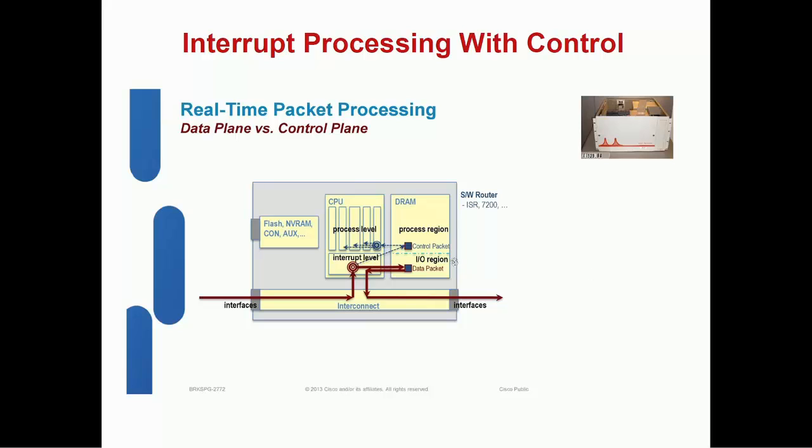In that way, they were able to get much more speed up, and this was actually the process 7200 from Cisco. I am taking Cisco as an example because they occupy about 70% of internet routers. In this way, the memory was divided into two regions: one for the process region, the other for the IO region.